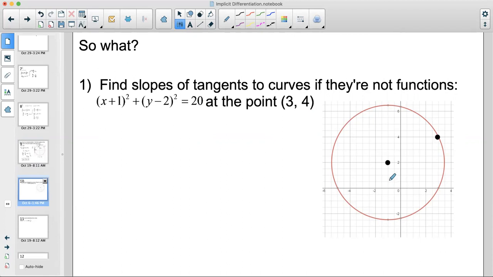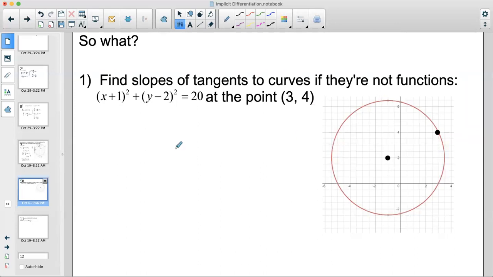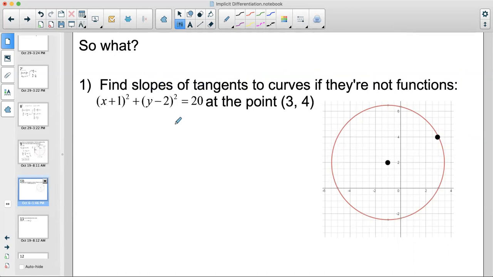The center is (-1, 2), and the radius is the square root of 20. We could find the slope of the tangent line to this curve, and then the equation of the tangent line, by doing implicit differentiation. I'm not going to do this problem right now, but we do it just like we did the last one.